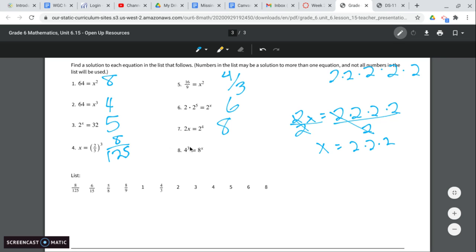And the last one, 4 to the 3rd equals 8 to the what? Here we saw that 4 to the 3rd was 64, and 8 to the 2nd was 64, so this would be 8 to the 2nd.